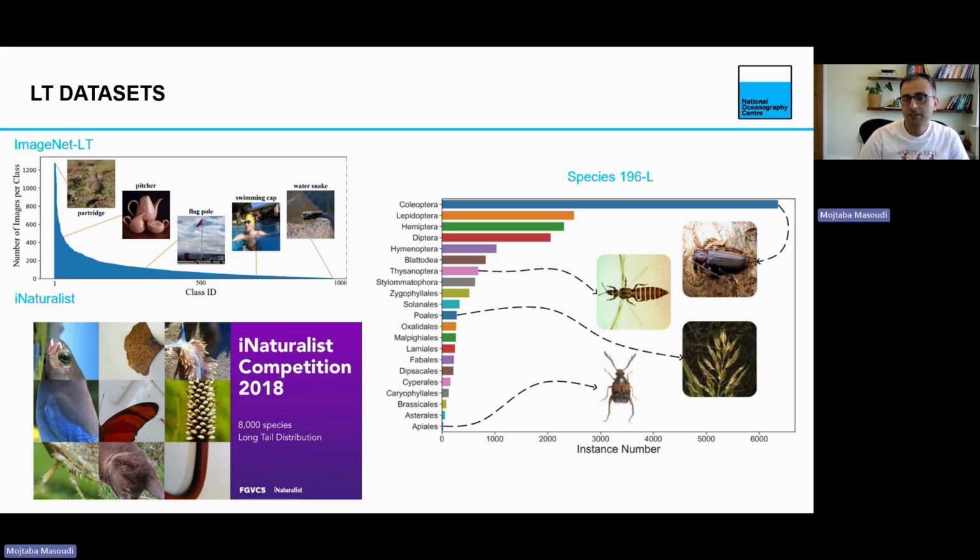The data we have in plankton is massively long-tailed distributed. For example, for some datasets, you can have roughly 80% of the data occurring for only one class.